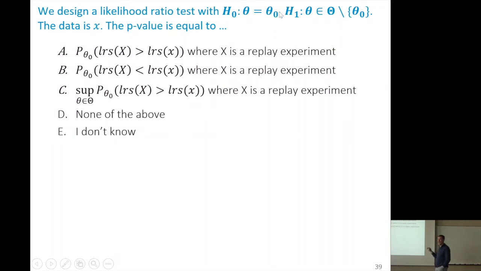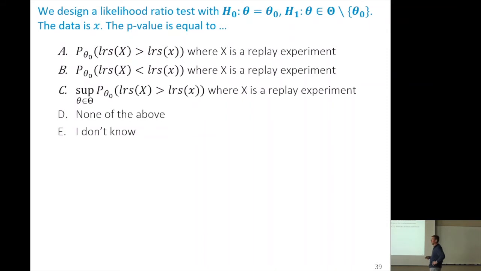Like we had before in this Mendel experiment. P is the theta, and θ0 was Q. What is the p-value? What can we say about the p-value? Okay, well, the correct answer is A.